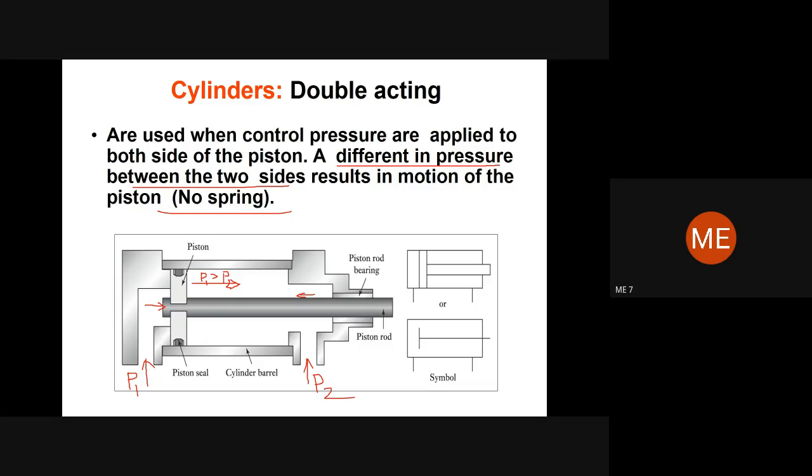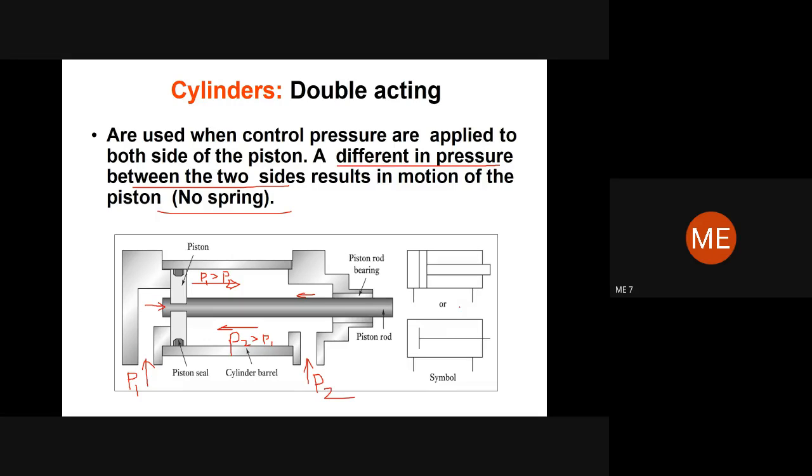The retraction occurs whenever the pressure P2 is greater than P1. Depending upon what type of motion you want to give, you correspondingly plan your application of the pressure. So that is the case of the double acting cylinder.